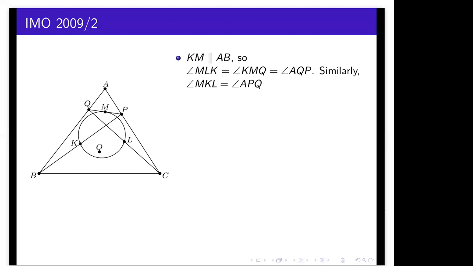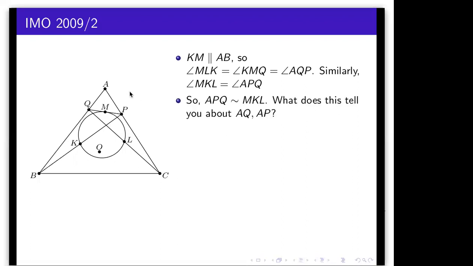So now similarly, we can get angle MKL is equal to angle APQ. Combining these two angle conditions, we have that triangles APQ and MKL are similar. So what does this tell you about AQ and AP?